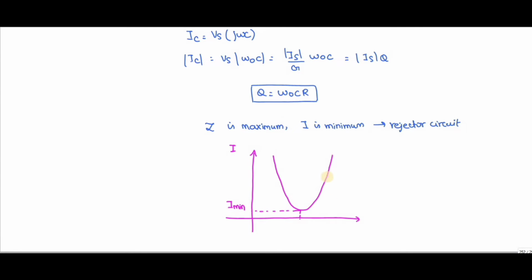If this is Q, it looks like this, and if I increase the value of Q, you can see the bandwidth is reduced, and it will look like this. Here the selectivity is high.